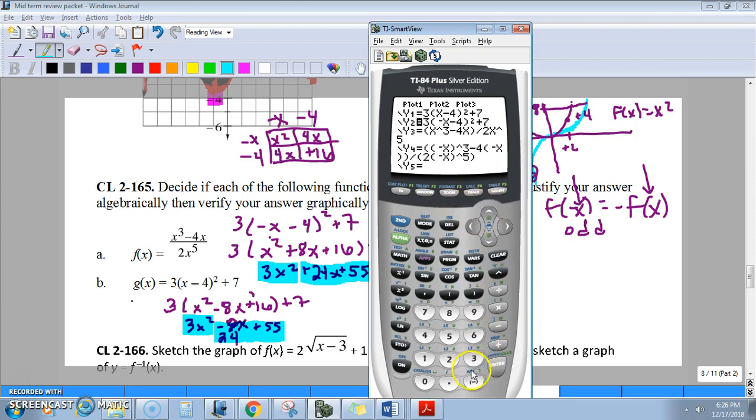And here's the thing. If they were the same graph, they would be even. Okay, so let's see. There's the first one, there's the second one. No, they are not even, because you don't get the same output when you put in the opposite input.